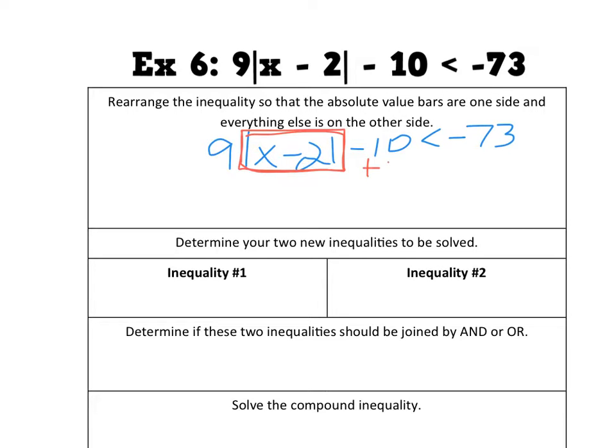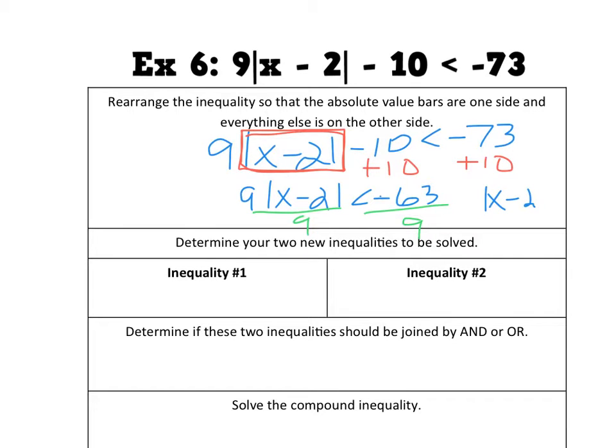So my first step would be to add 10 to both sides. 9 absolute value of x minus 2 is less than negative 63. And then I would be dividing by 9 on both sides. So I get that the absolute value of x minus 2 is less than negative 7.